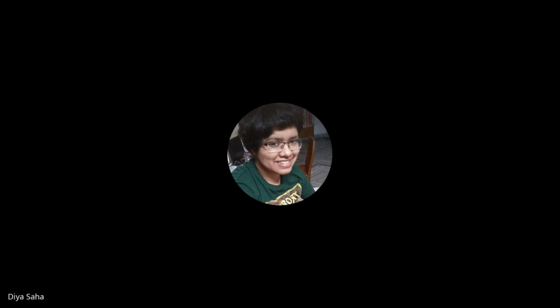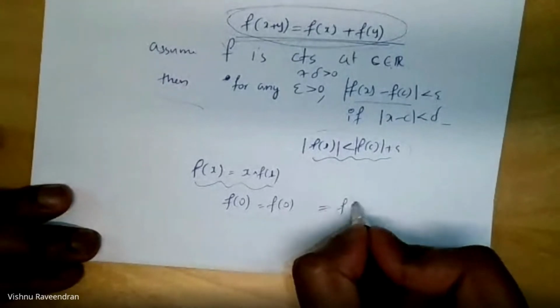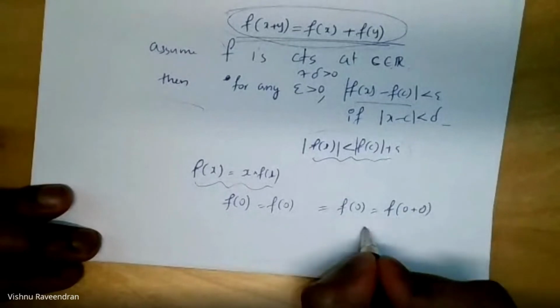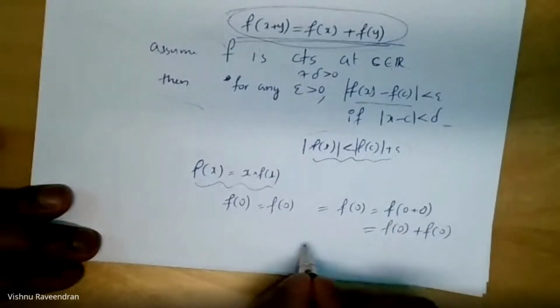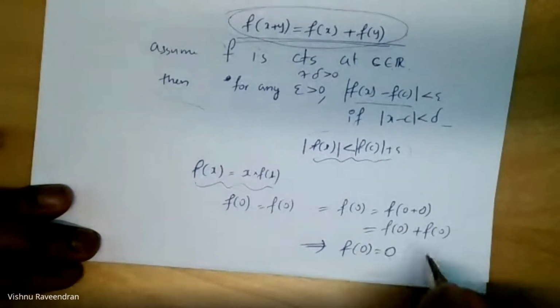Sir, for f of 0, it is 0, because you can write f of 0 equal to f of 0 plus 0, which is f of 0 plus f of 0. So this will imply f of 0 is equal to 0.